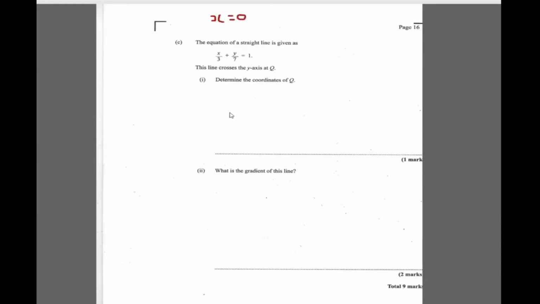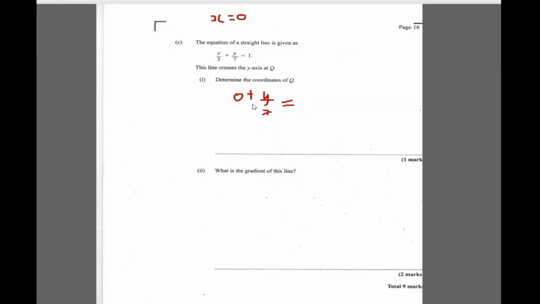Hear me out again. On the y-axis, x equals 0. So to determine the coordinates of Q, we know that the x coordinate of Q is 0. Let's plug in 0 here to get 0/3 plus y/7 equals 1.